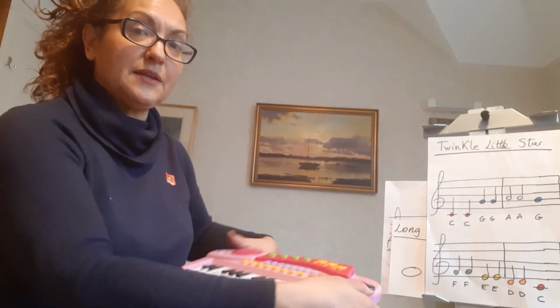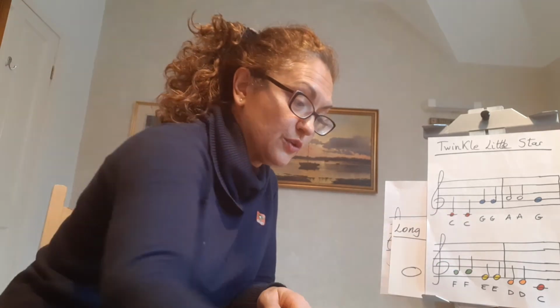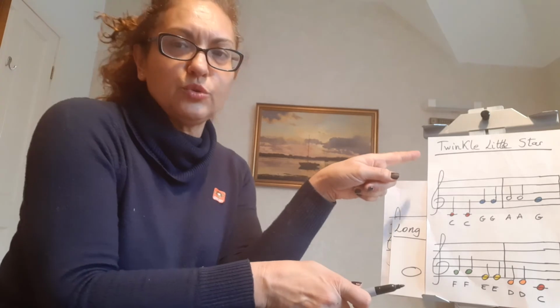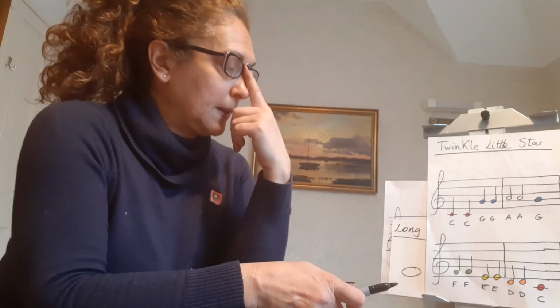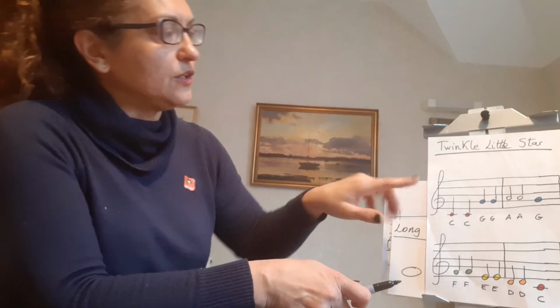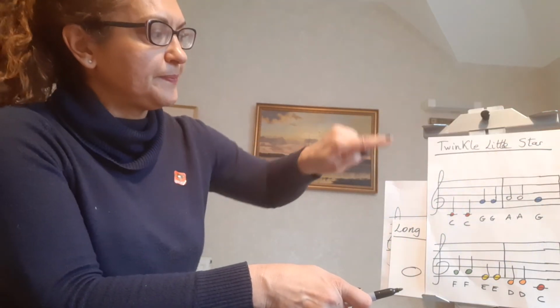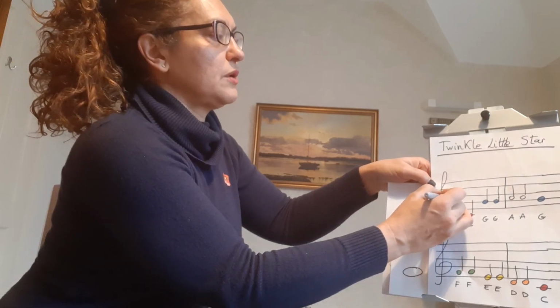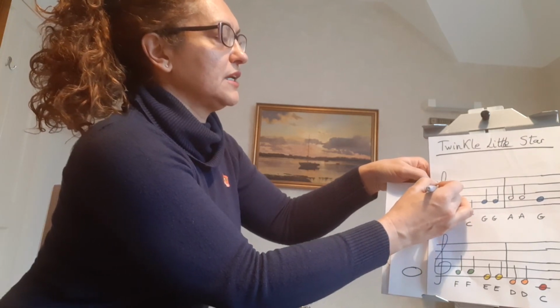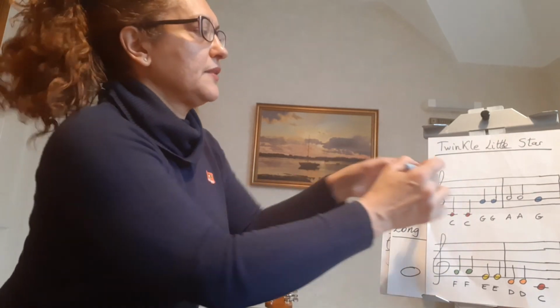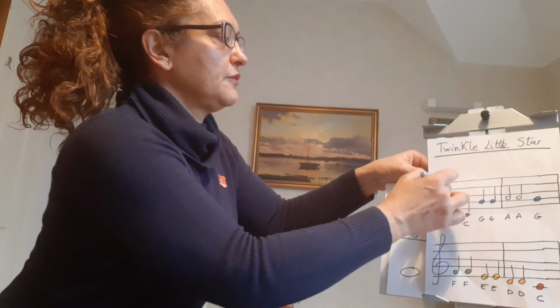Okay, with that in mind, what I'd like you to do is to try to write down Twinkle Twinkle Little Star on a piece of paper. So you write the title and you write 5 lines and you do this symbol that is called a treble clef that really is like a capital G, and then you finish with like a lowercase f.